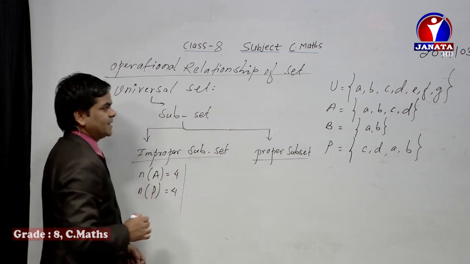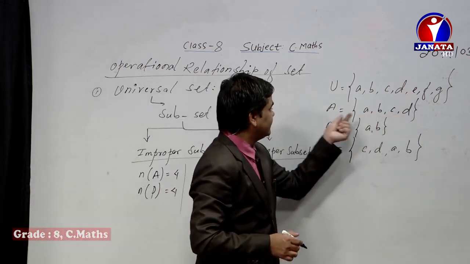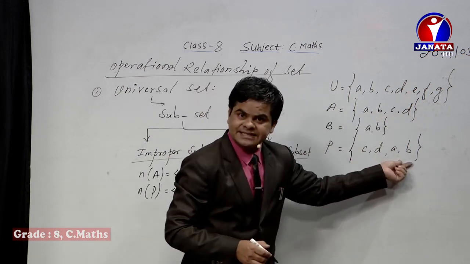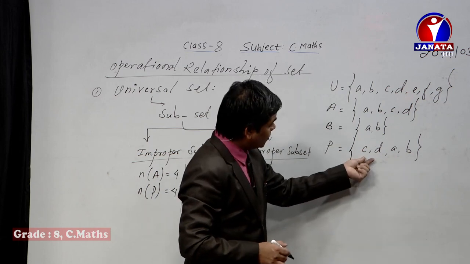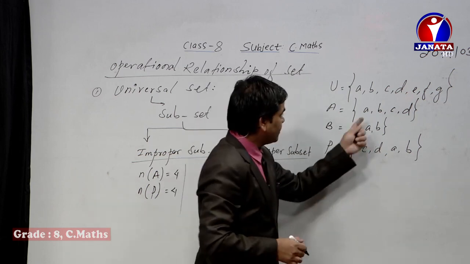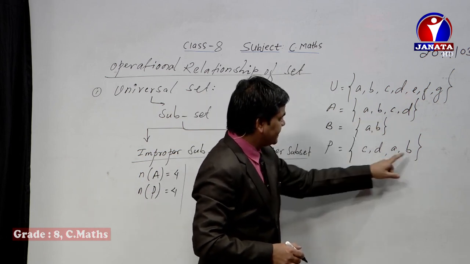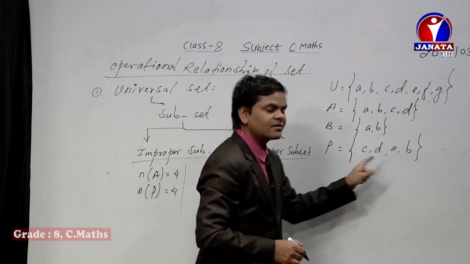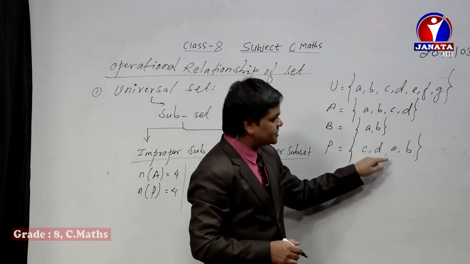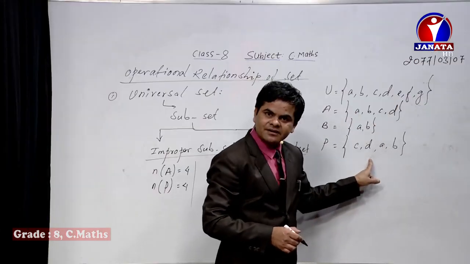Another thing is, dear students, look at here, the elements which are present in the first set, exactly those elements are present in set P as well. Although they are kept in different positions, they are also contained in set P. So if it happens so, then the elements are the same.